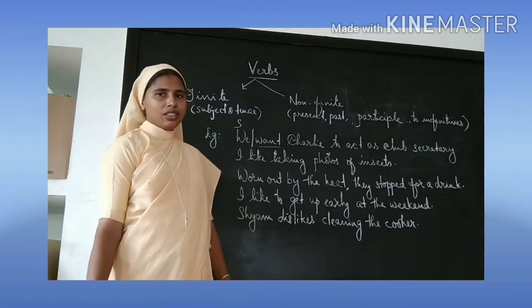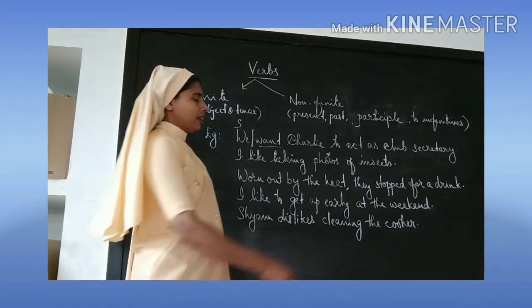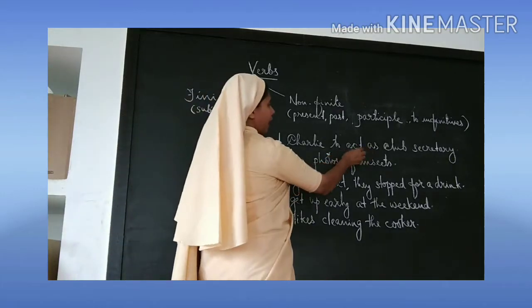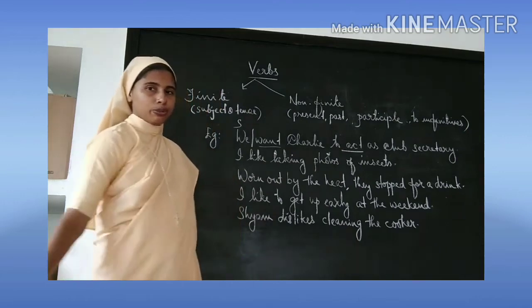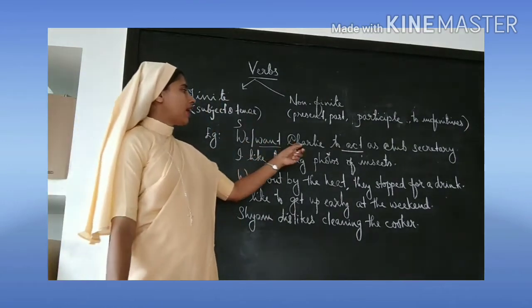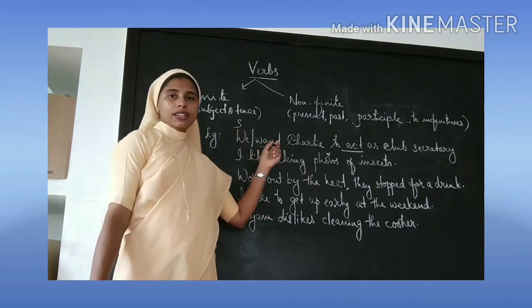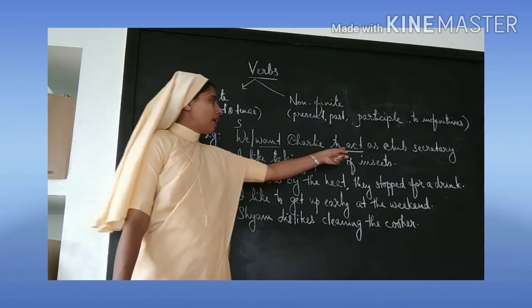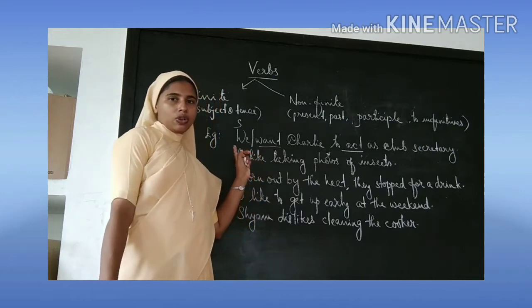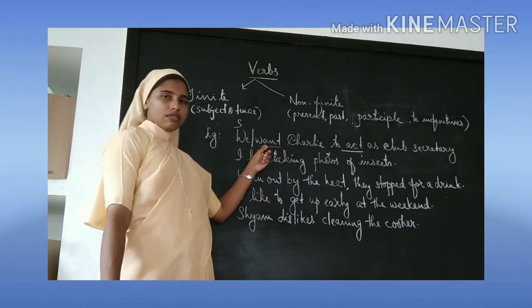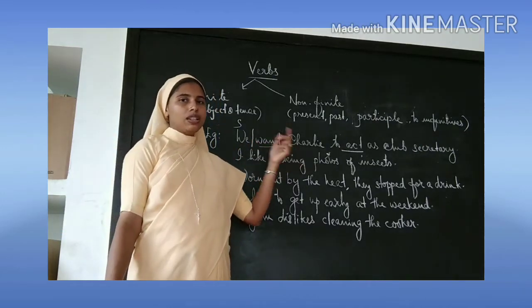Can you find? If you take this, act is the verb. We want Charlie to act as club secretary. How many verbs are there? Want is one verb, another one is act. And without this verb, this is incomplete.